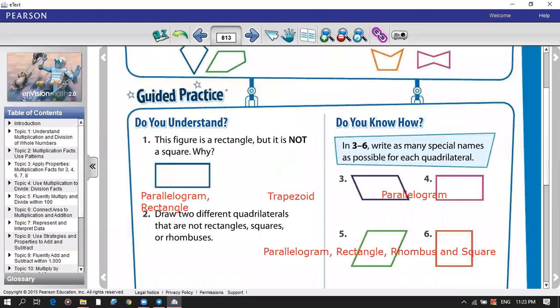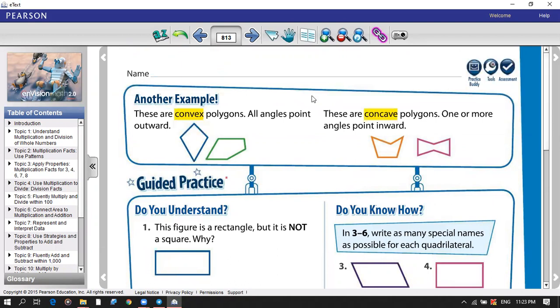The last idea for today's lesson. I have two types of polygons. Convex polygons, which are polygons that have all of their angles pointed outward.